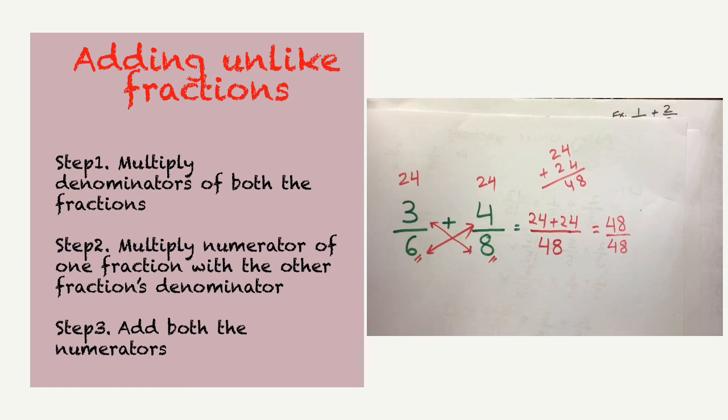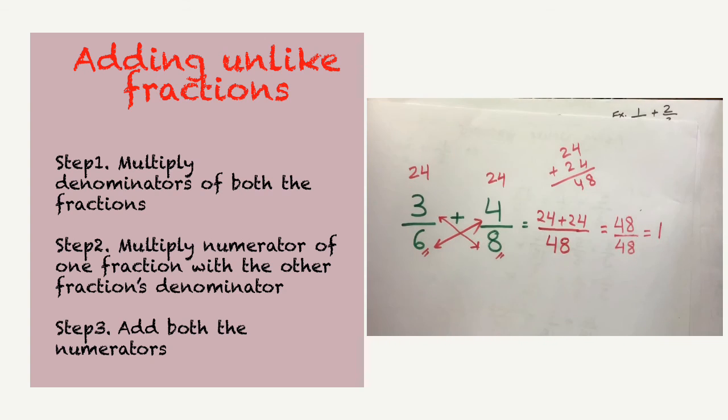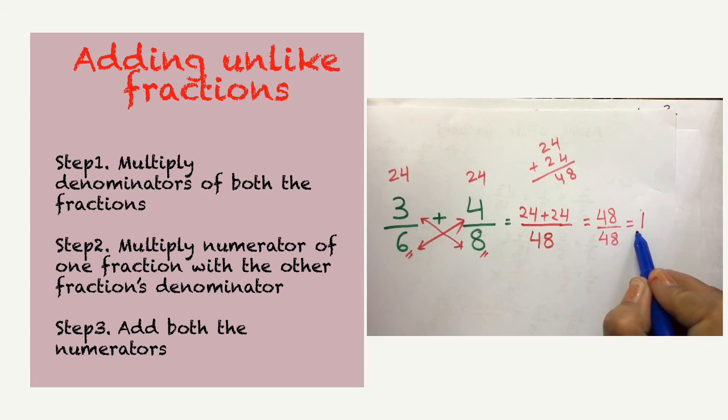Now remember, I told you in the last video that if we have the same numerator and denominator, we can write it as 1. So 1 upon 1, or 1. This is our answer.